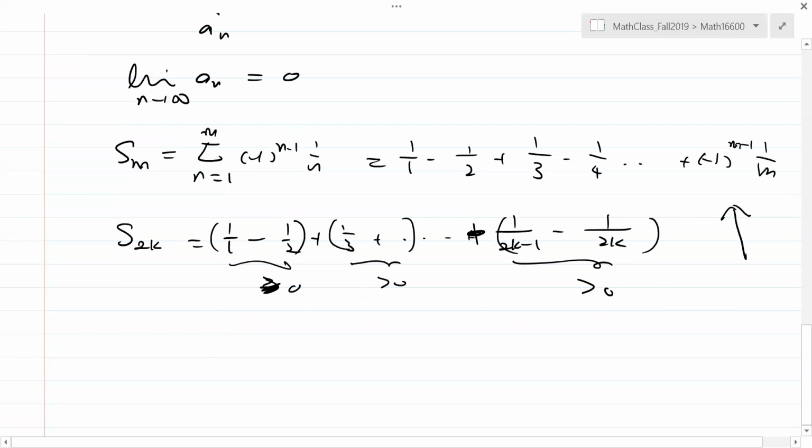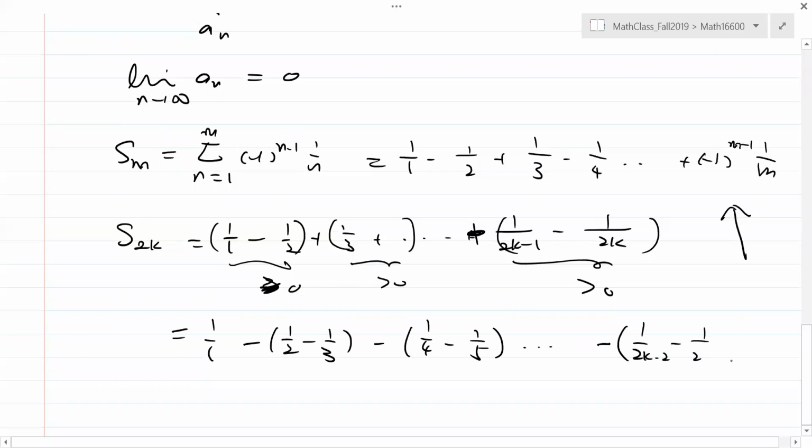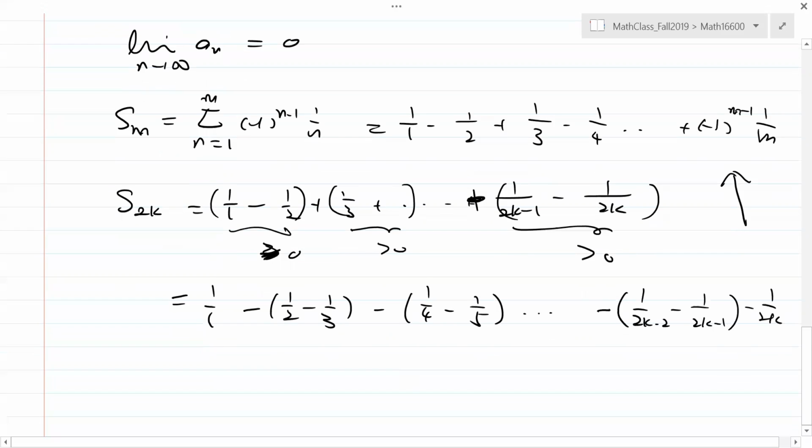Then I'm going to regroup them again. Group them in a different way. So it's going to be 1 minus (1/2 minus 1/3) minus (1/4 minus 1/5) and so on, minus 1 over 2k. I just regrouped them, right?